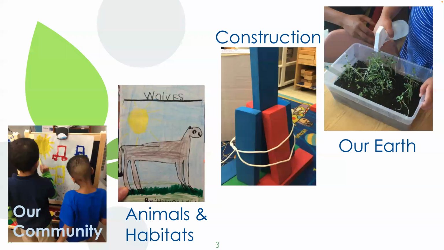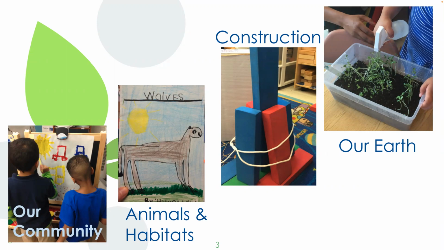So we have been on this journey for this school year, going through these 4 units. We started out the year building a community. We moved into Unit 2, where we moved out of thinking of our own classroom community and started thinking about the animal community and their habitats.